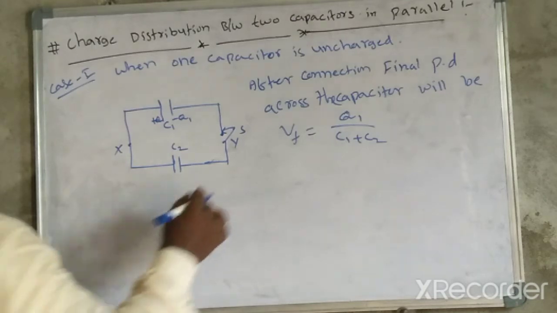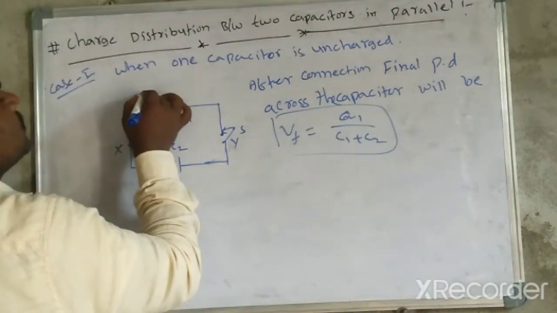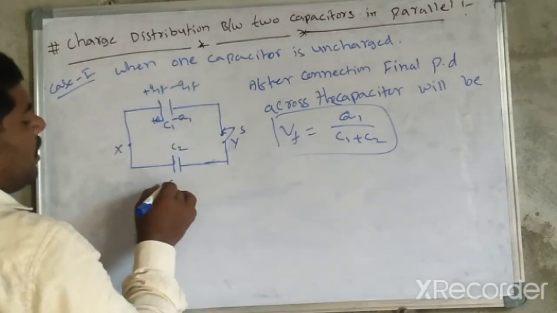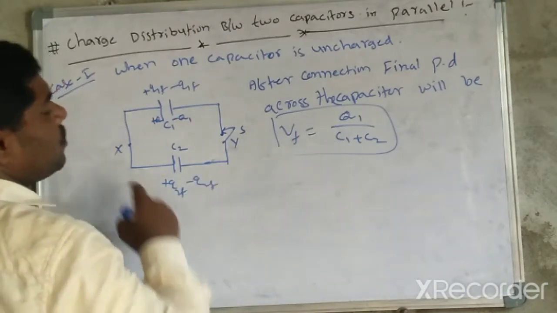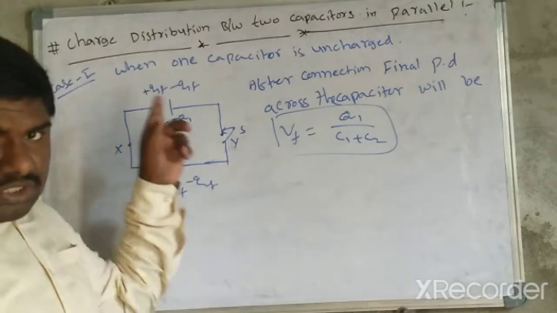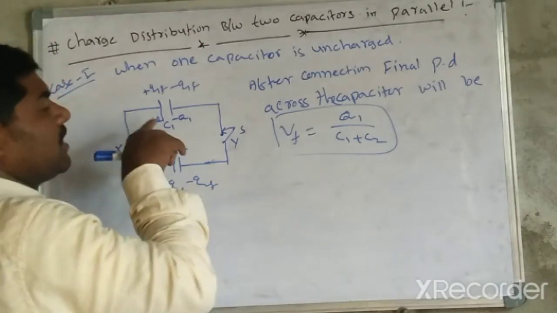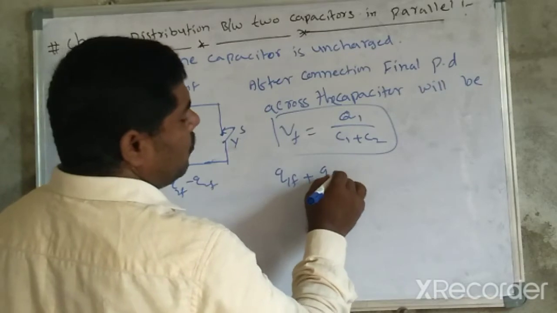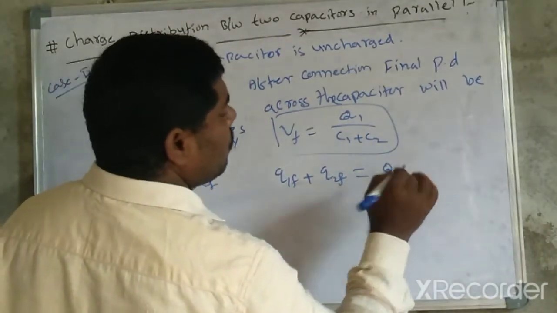So the final potential is Q1 by C1 plus C2. Here the charge is plus Q1 final and minus Q1 final, and plus Q2 final and minus Q2 final. Whenever the connection is made, only Q1 is distributed, there is no other charge, because only C1 was charged. So the magnitude of the sum Q1F plus Q2F should be equal to Q1.